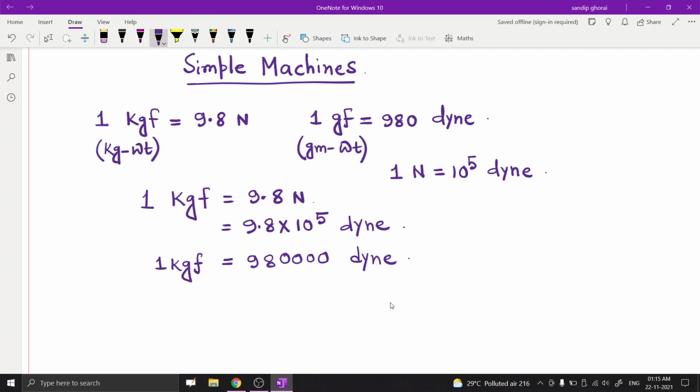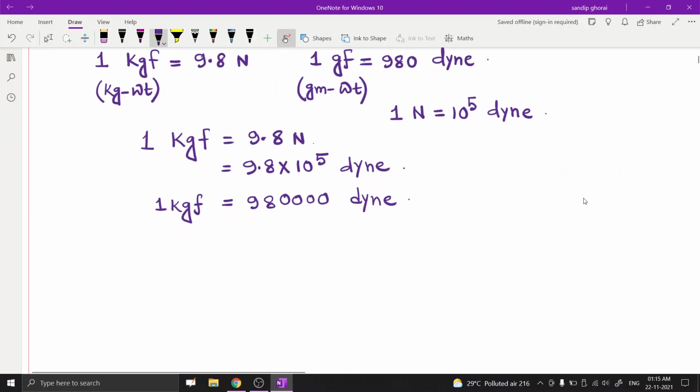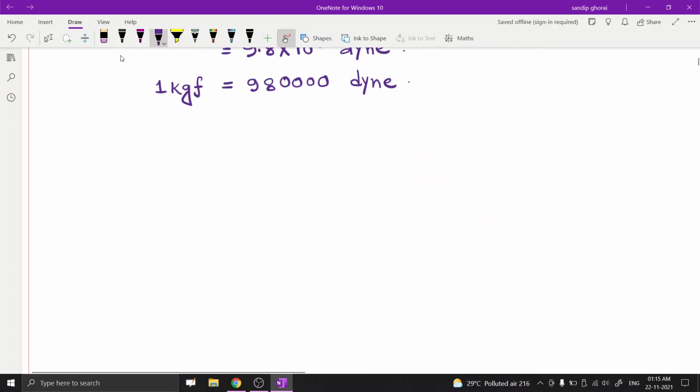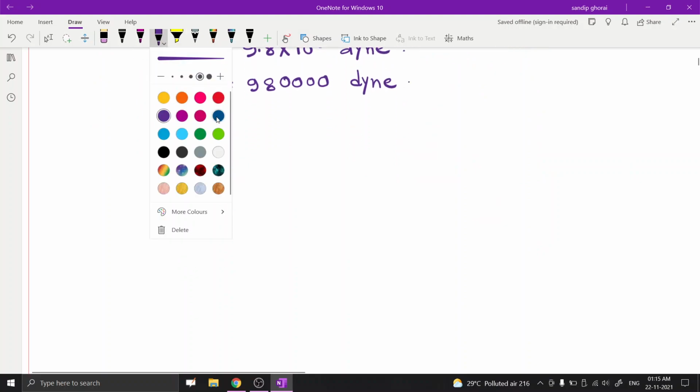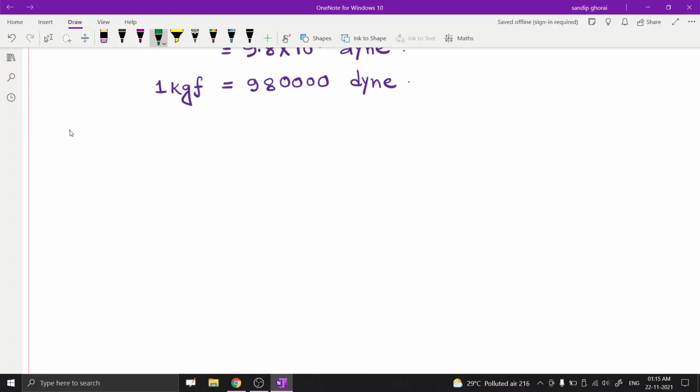Now we move to our numerical problems. Before doing the first problem, we have some key points for the first class lever. This is your diagram.